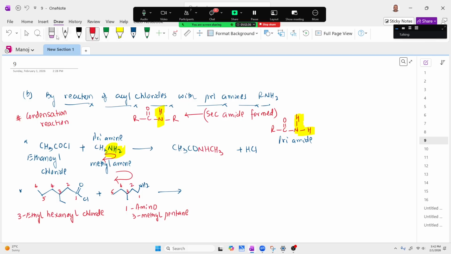Is that what you got, guys? And as you notice, this CONH, this is a secondary amide. And according to the syllabus regulations, there is no need for you to know how to name the secondary amides. So what you understand is the primary amine gives you a secondary amide.